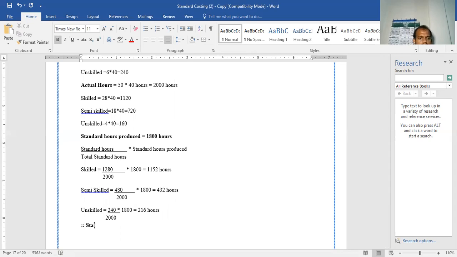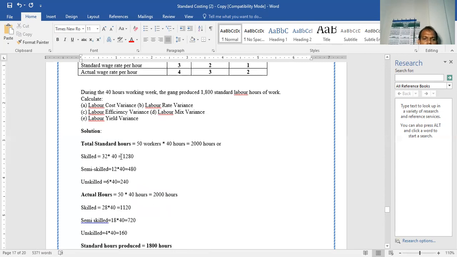Therefore, standard hours produced is 1152 plus 432 plus 216, which is 1800. These are the revised standard hours.